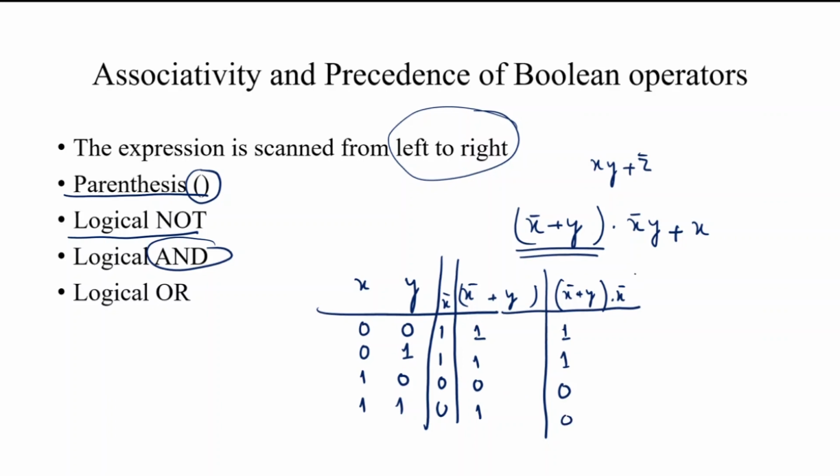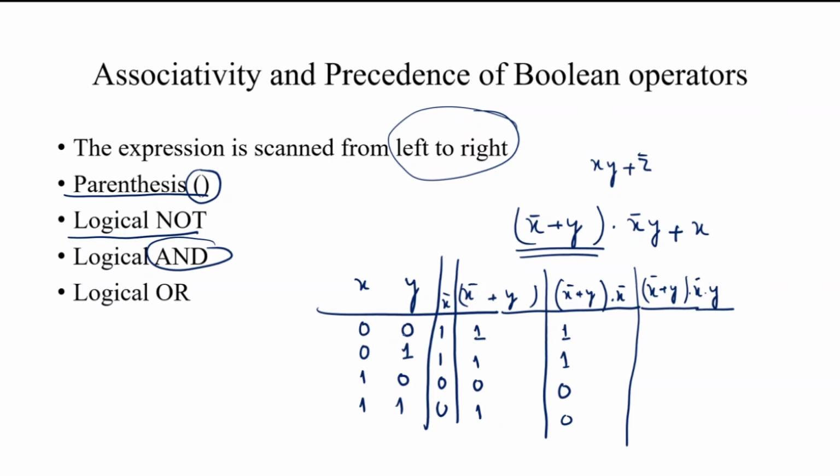Then we evaluate AND. We multiply this result, x complement plus y dot x complement, with y. This column represents the value of x complement plus y dot x, and this is y.